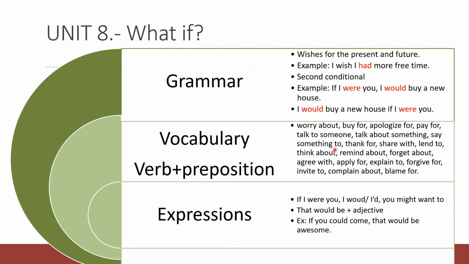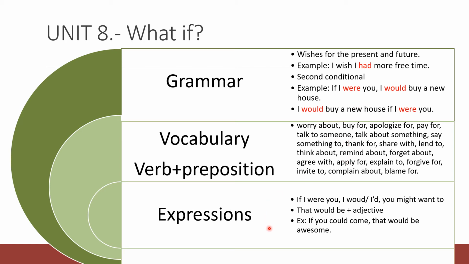Say something to, thank for, share with, learn to, think about, remind about, forget about, agree with, apply for, explain to, forgive for, invite to, complain about, and blame for. So remember that each of these verbs use these prepositions in context according to what you want to say.